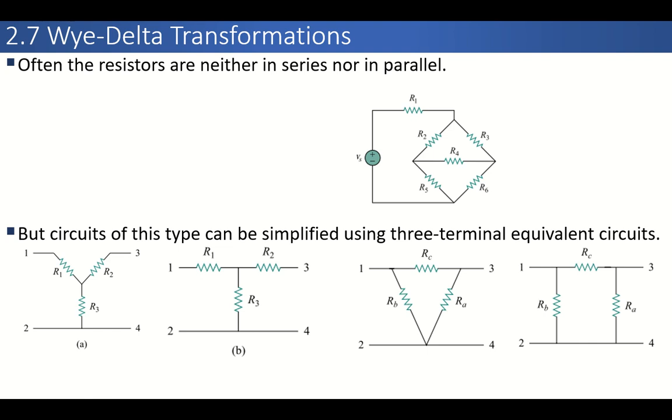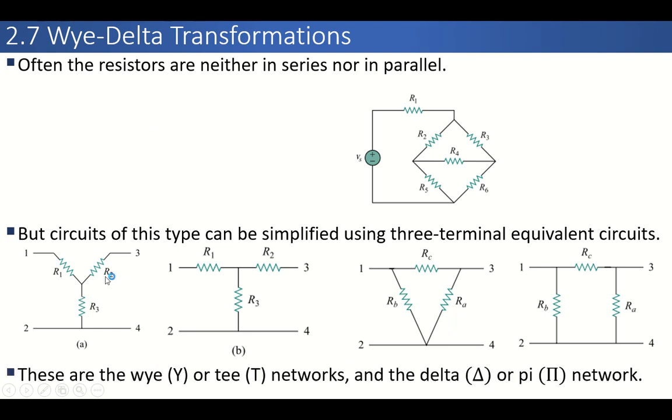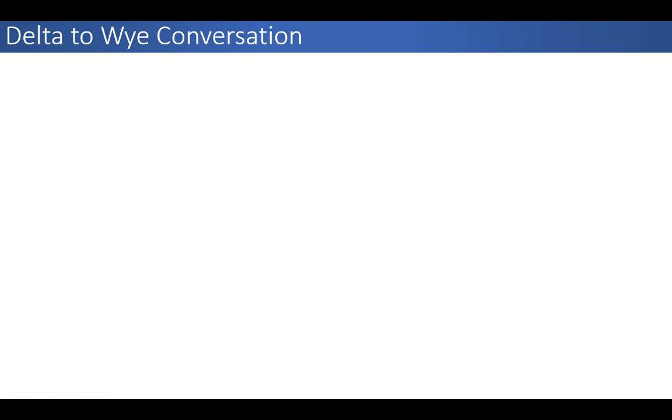Next we'll see how we can find the formulas for converting from Y to delta and from delta to Y. These are the Y or T networks, and the delta are pi networks, just like I already mentioned. So let's see how we can convert a delta network to a Y network.